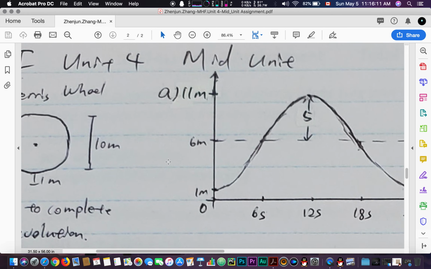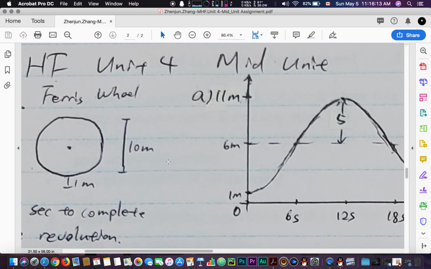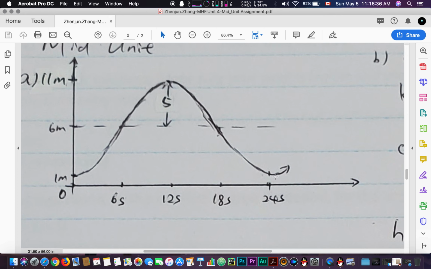And then after 24 seconds, it comes back, so that's 1 meter again. What's the minimum point? That's going to be 1 meter. And what's the maximum point, or what we call the local maximum? It will be 11 meters. So look at the graph here. We have 1 meter at 0 seconds. We have 24 seconds, which is still 1 meter.